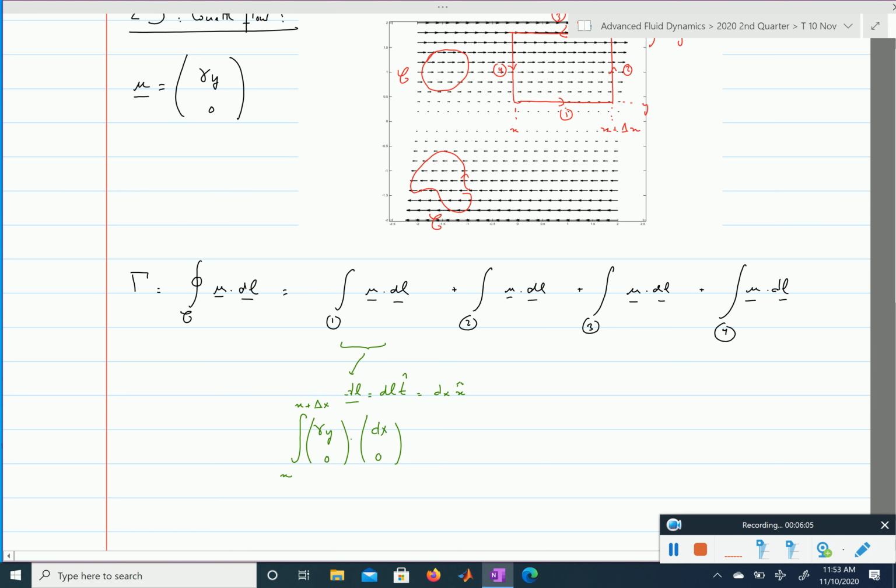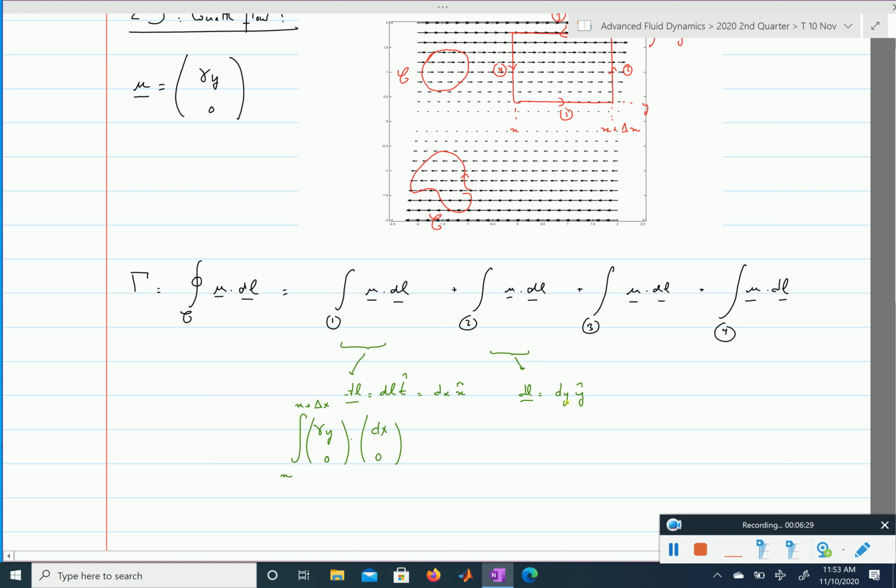For this piece, along this bit of my contour, the tangent vector is the unit vector in the y direction, and dl is dy.